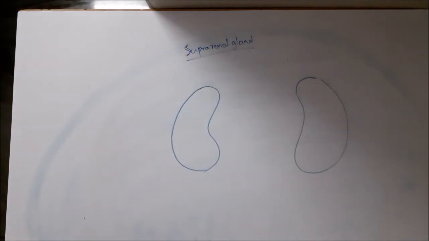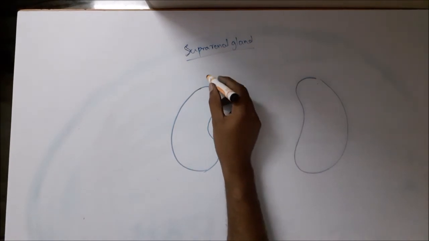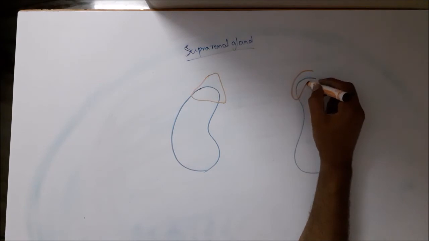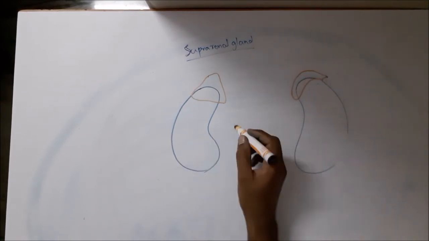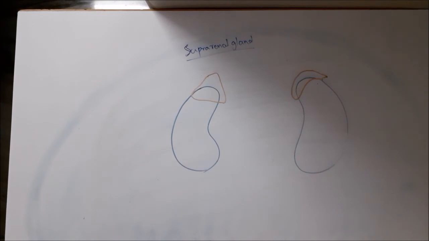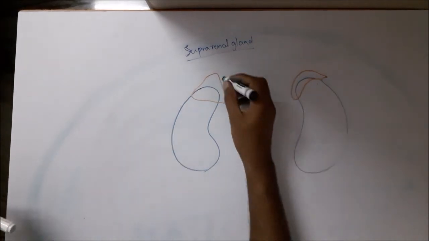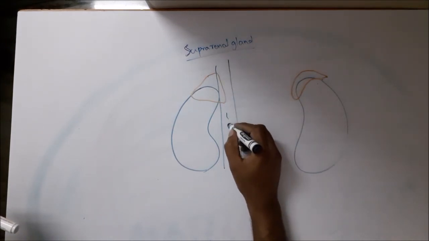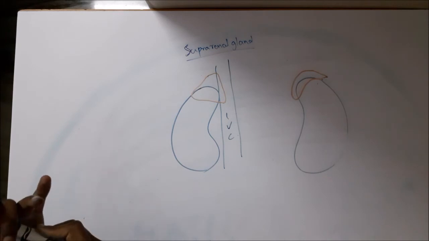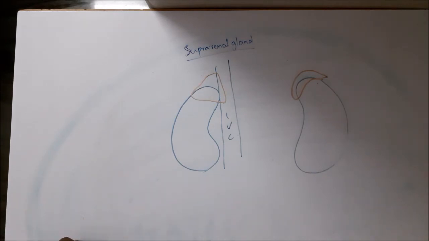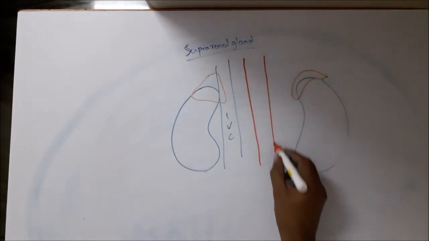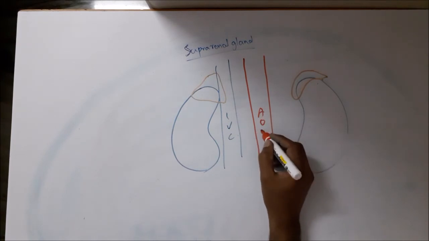Above that we have our right suprarenal gland, which is somewhat pyramidal in shape, and the left suprarenal gland, which is crescentic in shape. The right suprarenal gland is related with the inferior vena cava, and in between we have the abdominal aorta.